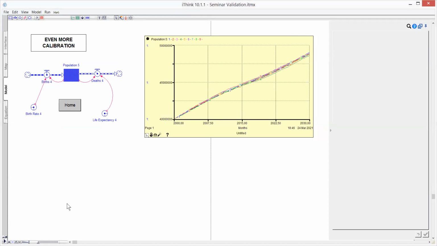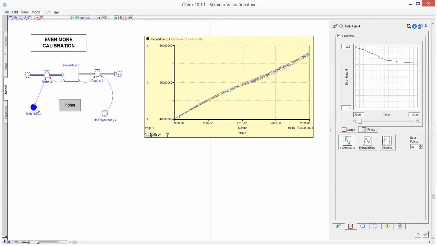So what you'll see now is I've created a whole range of results. And now I didn't change the life expectancy or the birth rate. I basically kept the same profile as I had in the previous simulation. So what did I change?